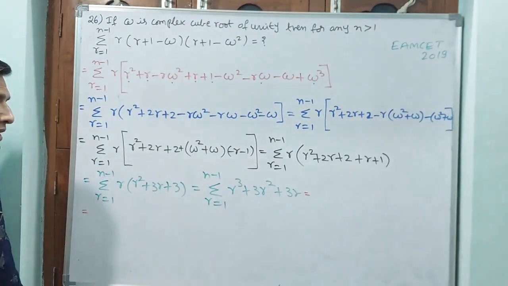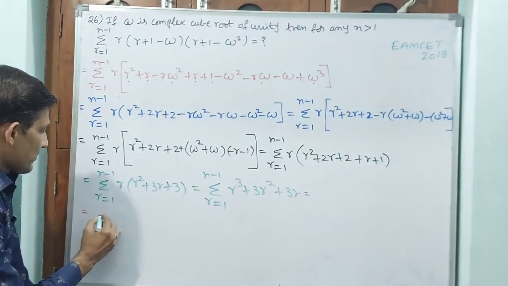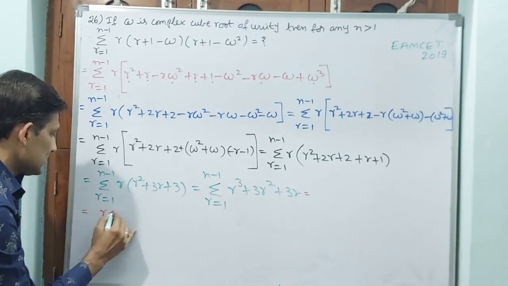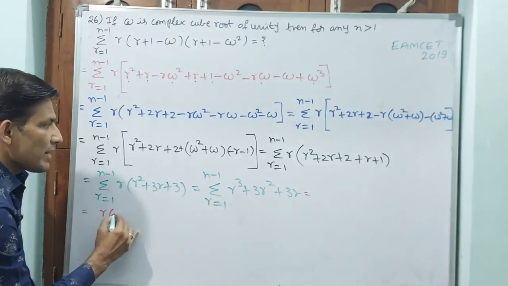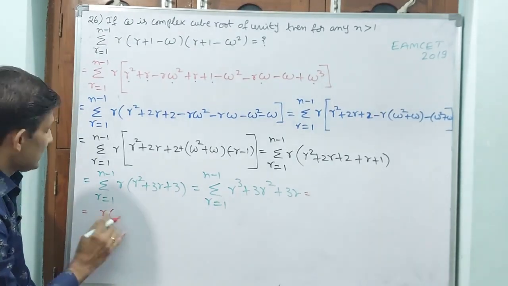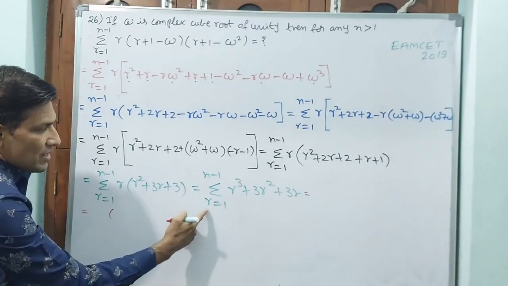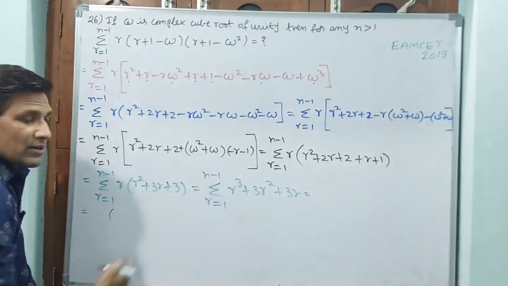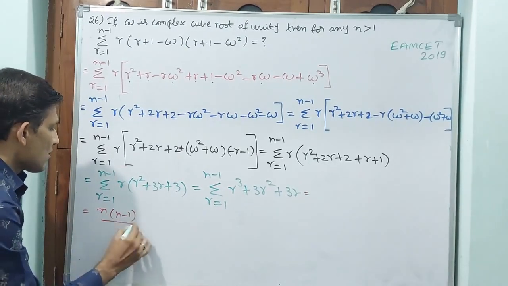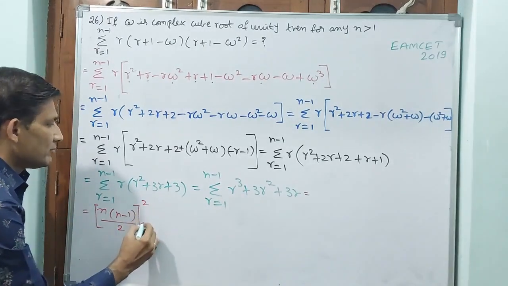Then what are we going to write? We are going to write like this: r into r minus 1. I think we have to write n. See, r value is 1, but it is finally n only. So n into n minus 1 by 2 whole square. This is for cube.